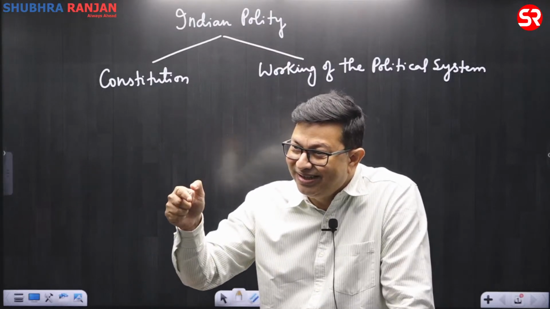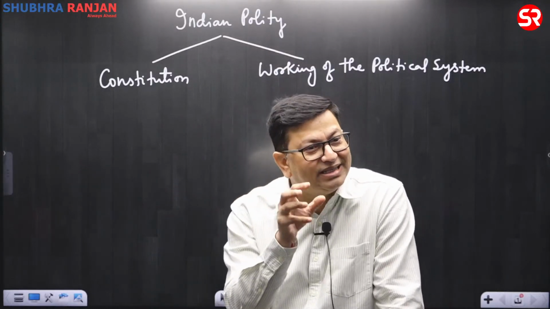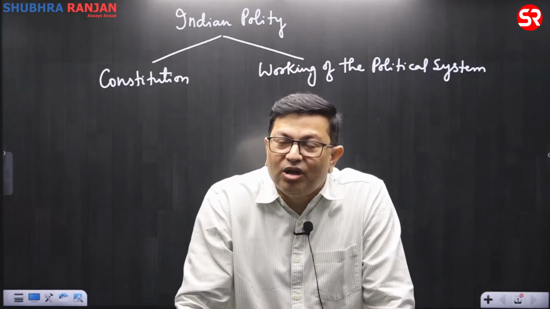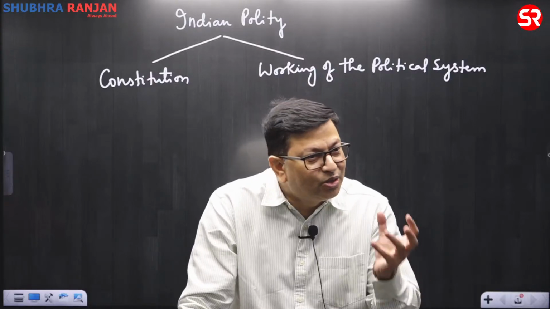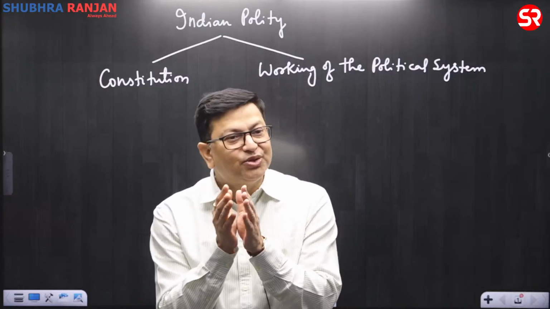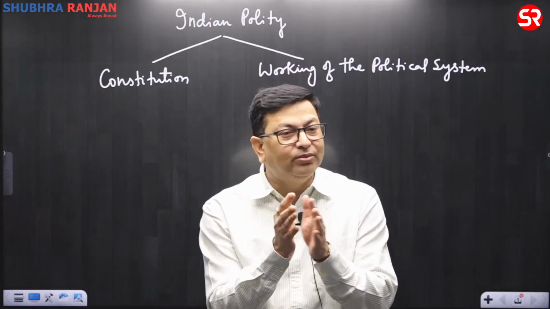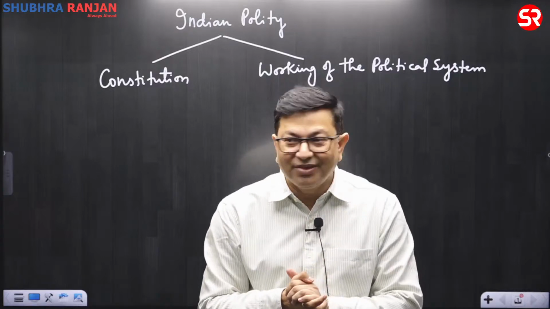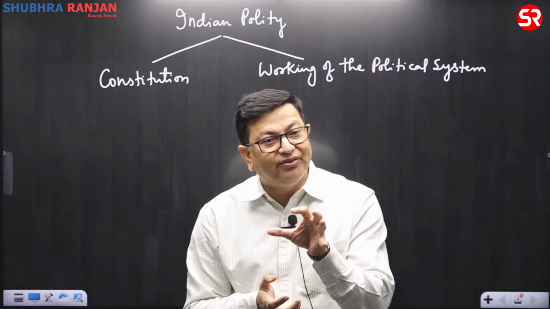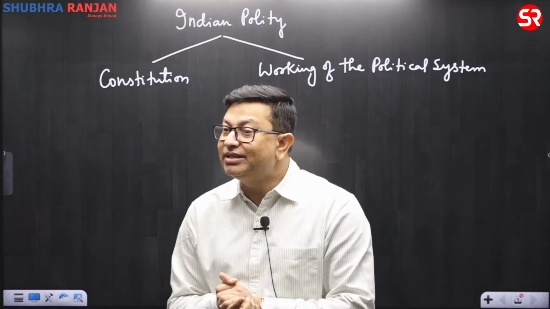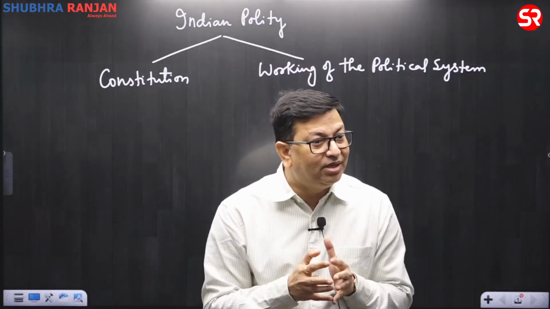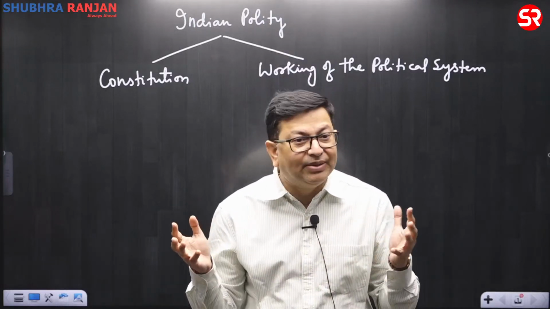But what you need to know is the concept of socialism, then how this concept of socialism is different from the concept of communism. Then what is the Indian brand or dimensions of Indian socialism, and whether the concept of socialism is relevant in the era of liberalization or not.